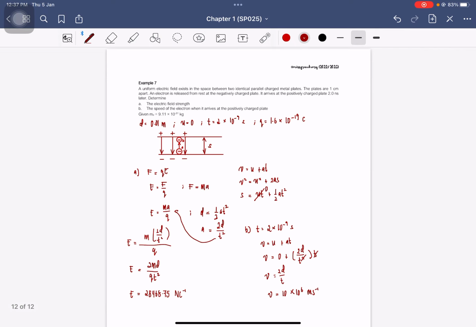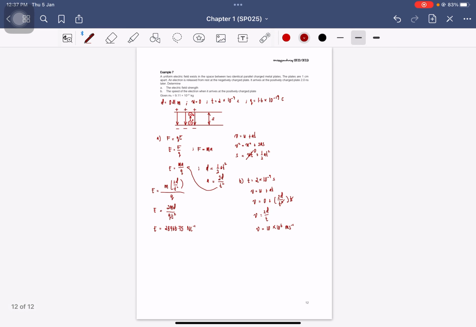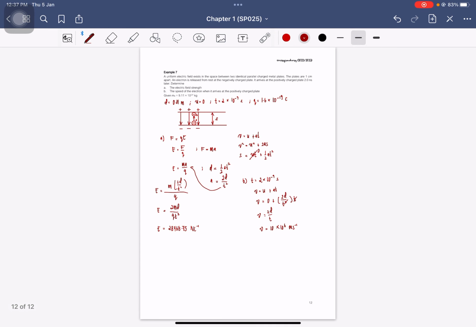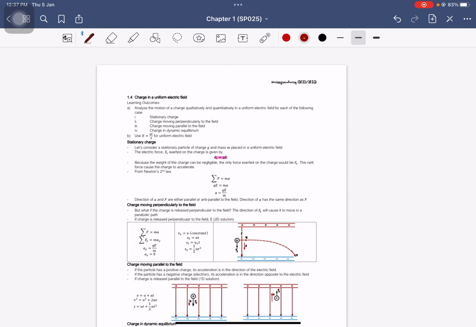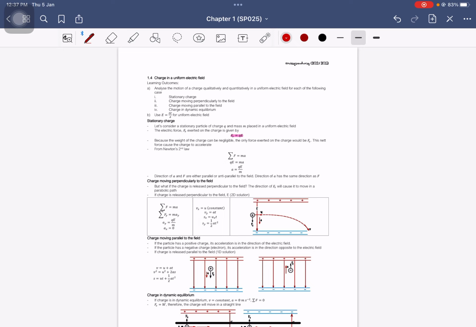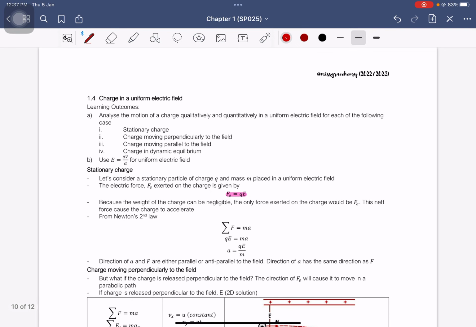Okay, all right, so that is example number 7, and that is the whole subtopic number 4. So what you need to remember here is, first, you can use this equation as well, not to be confused with our previous subtopic, where we have kq over r².